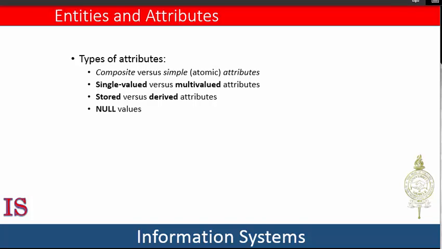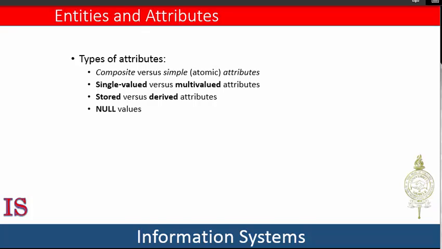In some cases, a particular entity may not have an applicable value for an attribute. For example, a college degrees attribute only applies to people with college degrees. Not every person in the table may have a college degree. For such situations, a special value called null is created.